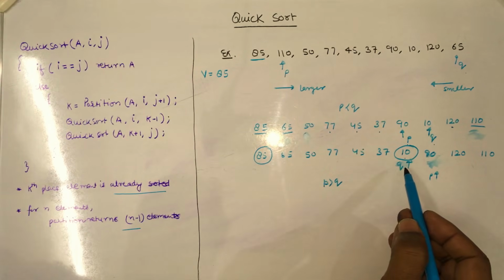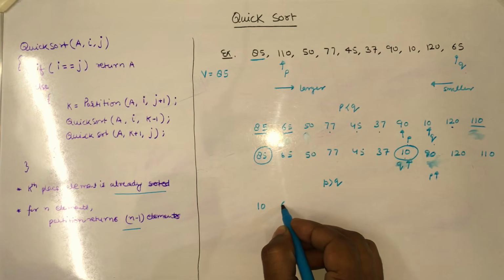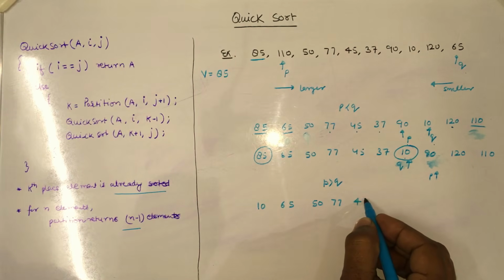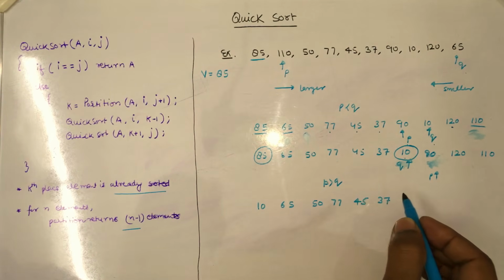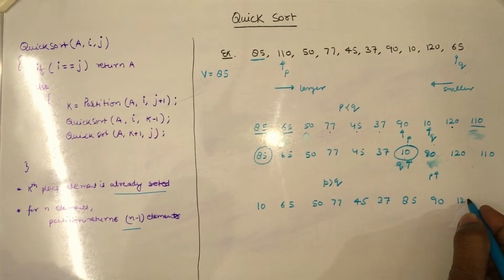So after this, the resulting array would be 10, 65, 50, 77, 45, 37, 85, 90, 120 and 110.